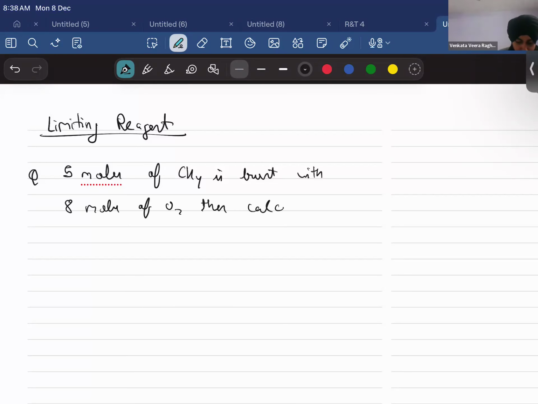Then calculate the moles of CO2 formed and the remaining moles of excess reagent left.